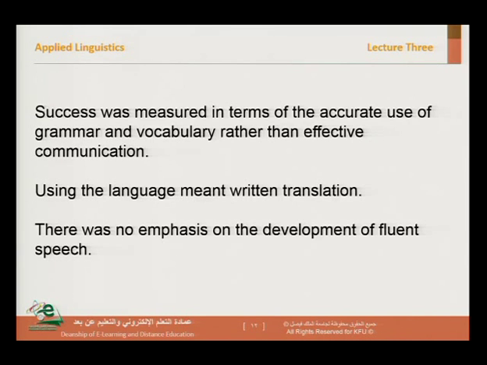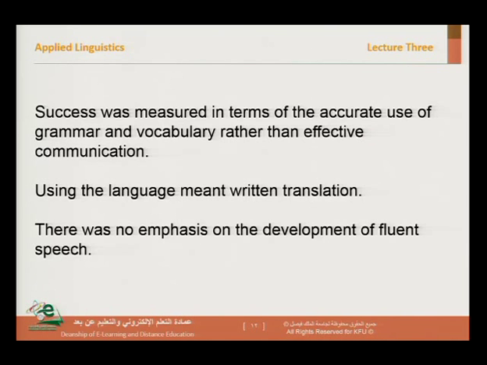Language was only used in order to translate things into the target language of the learners. Also, there was no emphasis on the development of fluent speech because the students were given very limited time to do such activities.